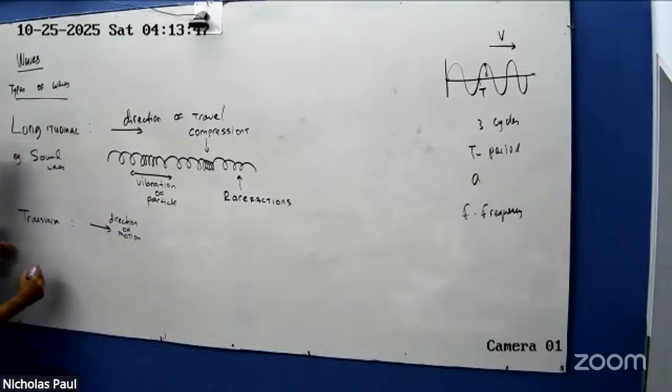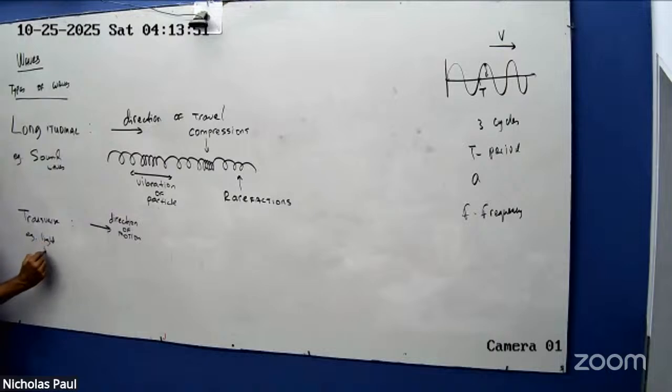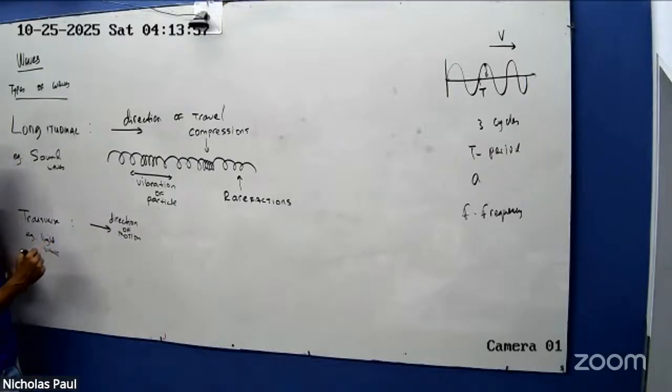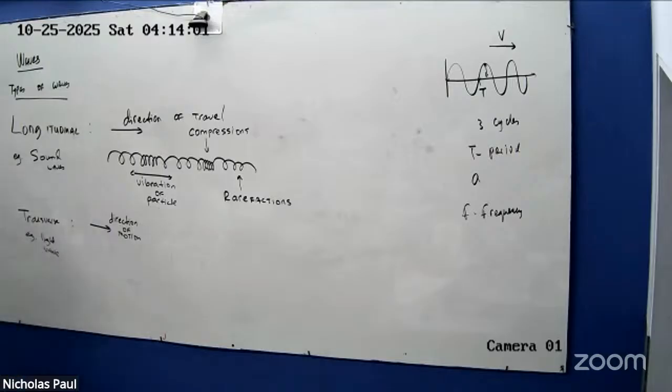As somebody said, yes, like light. But again, a slinky is one of the easiest ways for us to see how waves behave. Transverse waves vibrate perpendicular to the direction of travel.